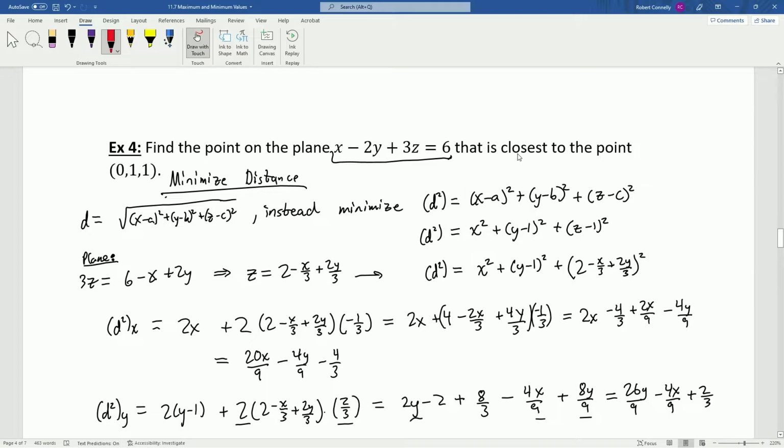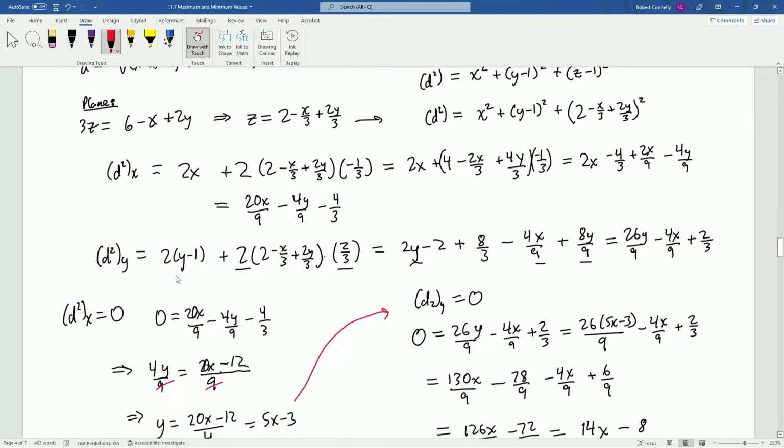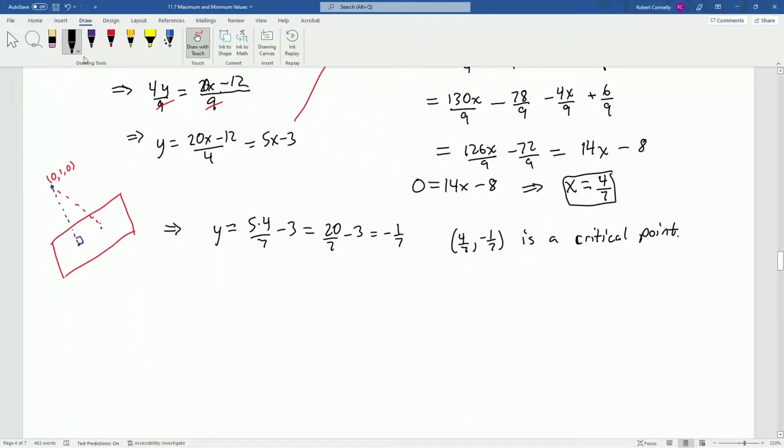So now all we gotta do is find the closest point. So we have our equation, x minus 2y plus 3z equals 6. And now if we plug in our critical point, we get 4/7 plus 2/7 plus 3z equals 6. This is 6/7, and we're going to subtract it.